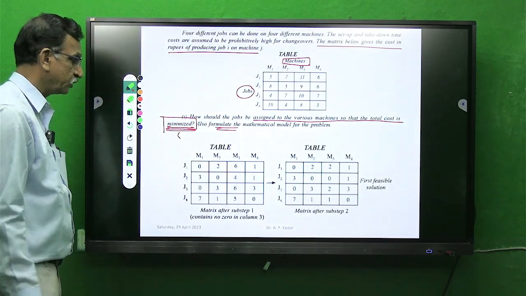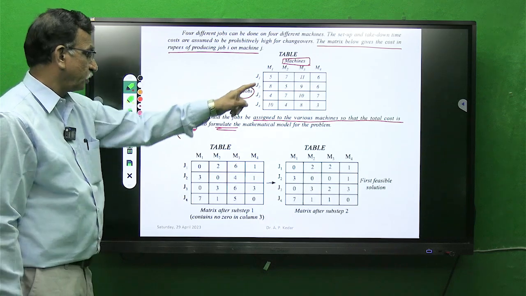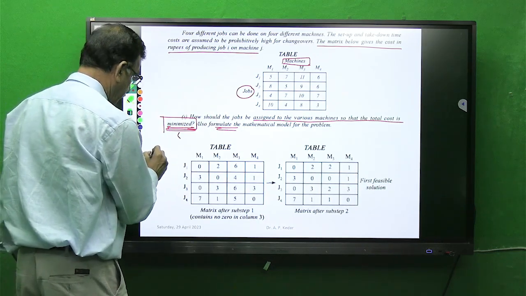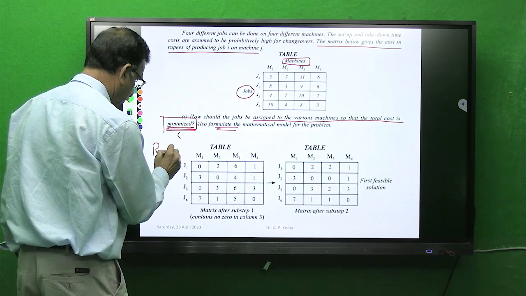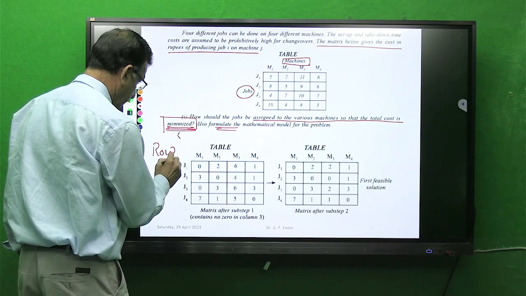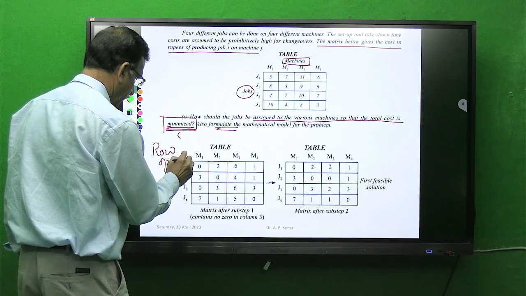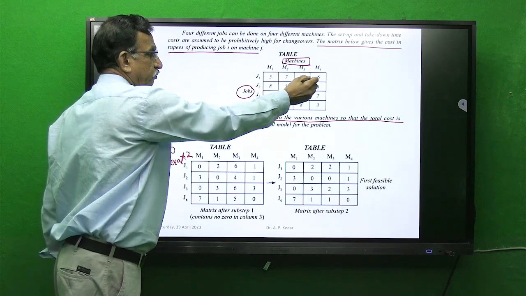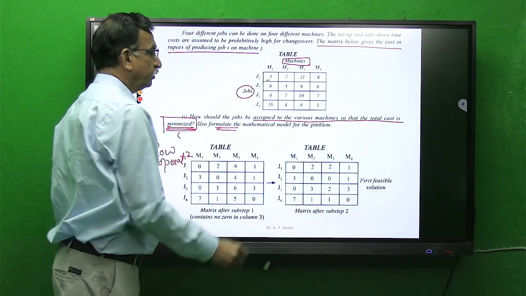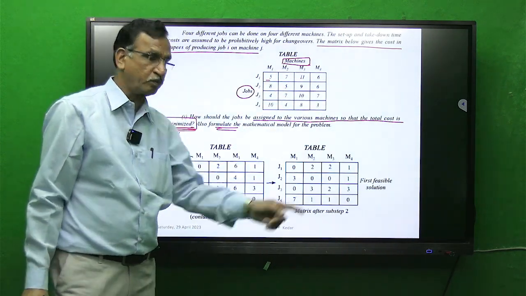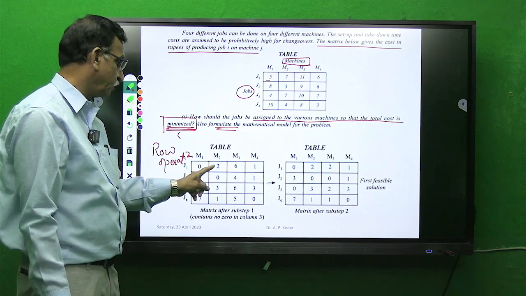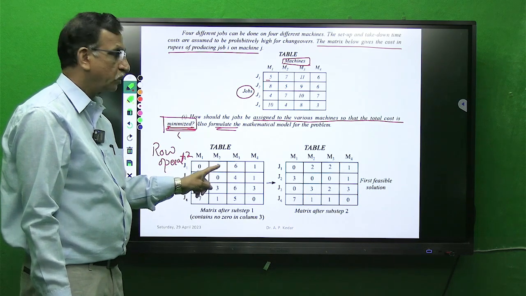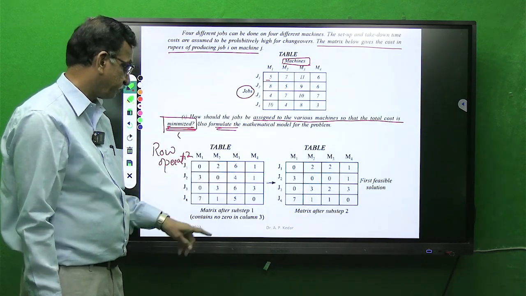That is our challenge. So this is the table after you perform a row operation. I will explain with one value. For this first row, the minimum is 5. So 5 is subtracted from all values. 5 minus 5 is 0, 7 minus 5 is 2, like that.